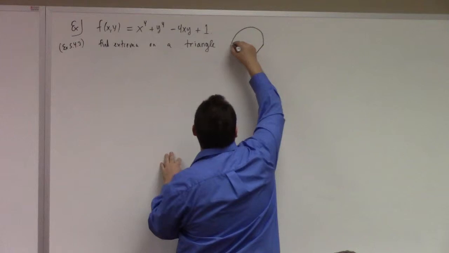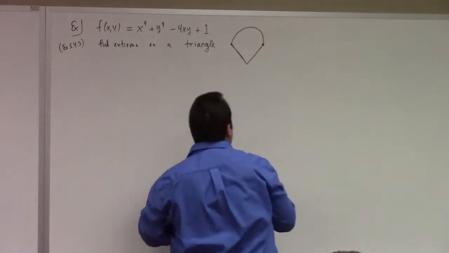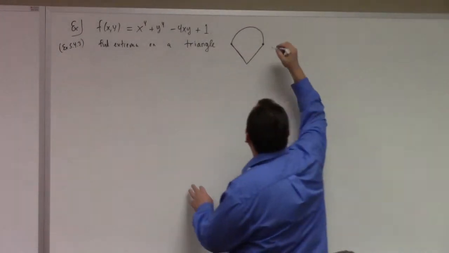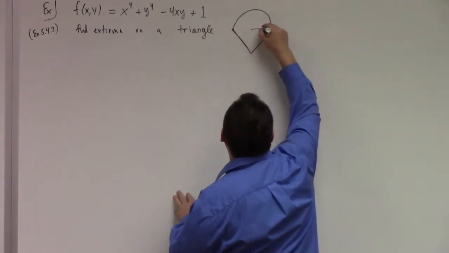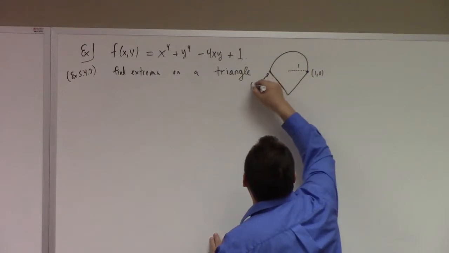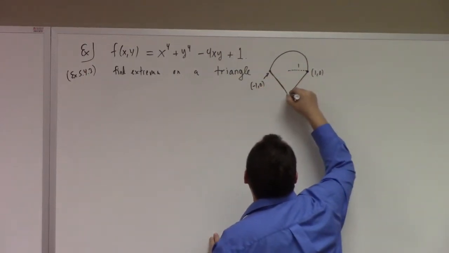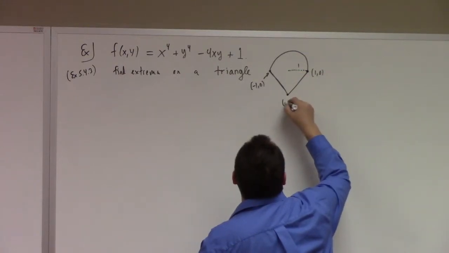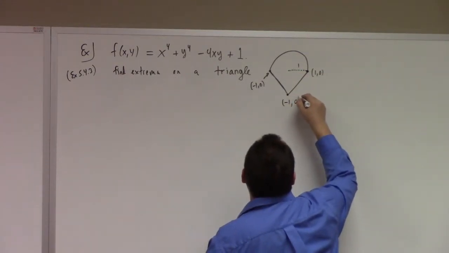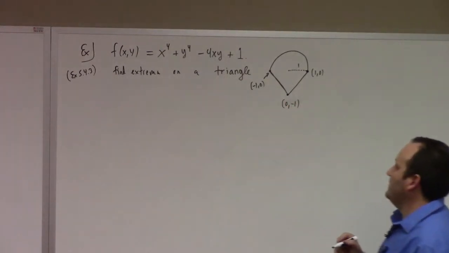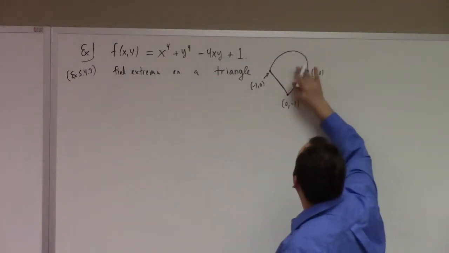Let's say that this is D. So this is a half of a circle of radius 1. This point here is 1, 0. This point here is minus 1, 0. And I'll make this point down here minus 1, comma 0. Oh, other way around. So this is D.